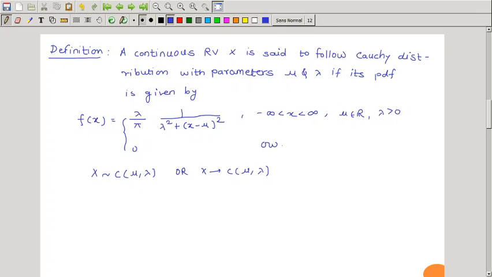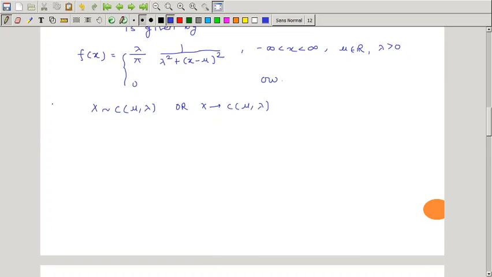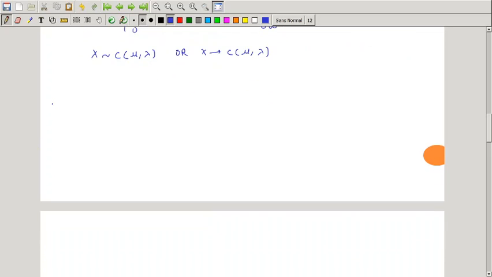These are the notations of Cauchy distribution. One remark we will see here: as in the normal distribution we have the standard normal distribution, the same here we can see the standard Cauchy distribution.